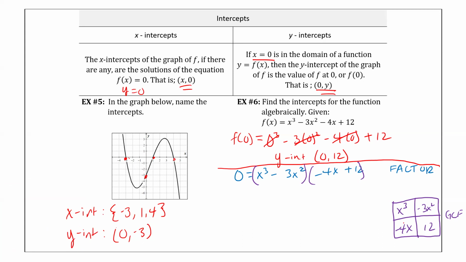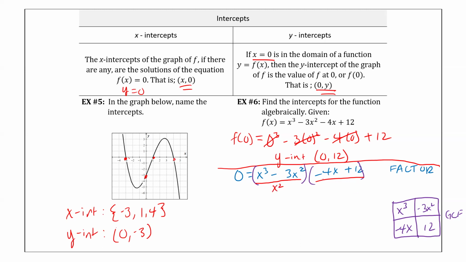Well, we're gonna do both. With the parentheses, you're also just finding what is the GCF between these two numbers. What is the GCF between these two numbers? We're factoring. Foiling is what leads to this. We're undoing FOIL. So what is the GCF between x cubed and 3x squared? X squared.